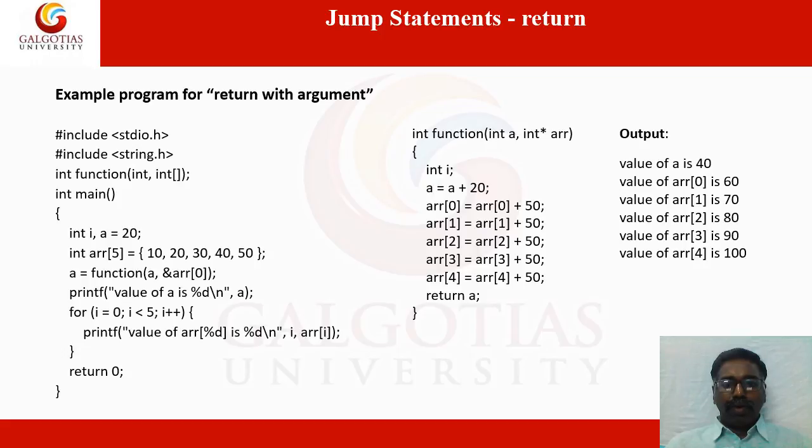The value of 40 is given, and the starting value 20 is added with 40, so the first element a of 0 is 60, and then each and every element at equal intervals, 60, 70, 80, 90 and 100, will be displayed.